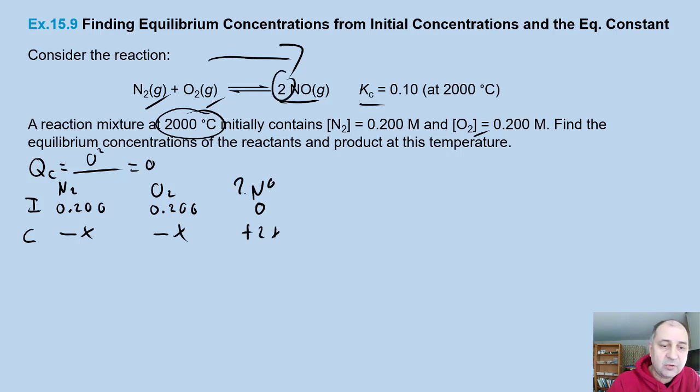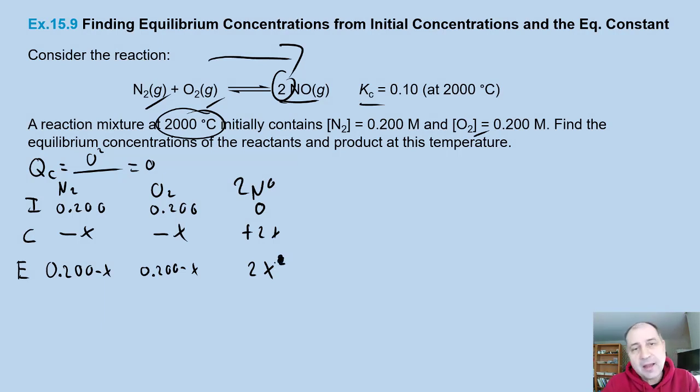I need to put that 2 here so that you can see that it's going to go up by 2 moles. And so our final concentrations, or the equilibrium concentrations, are going to be 0.200 minus x, 0.200 minus x, and 2x. Now I'm going to square this once I plug it into the equilibrium expression.